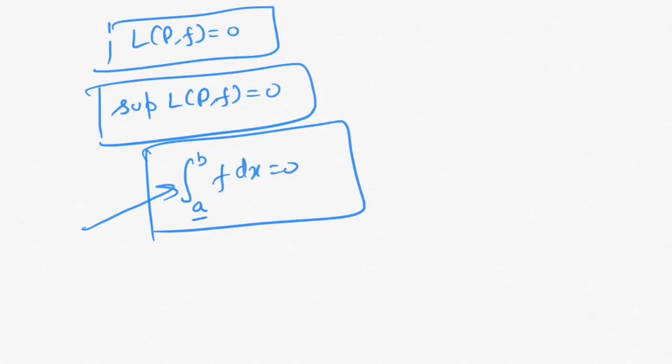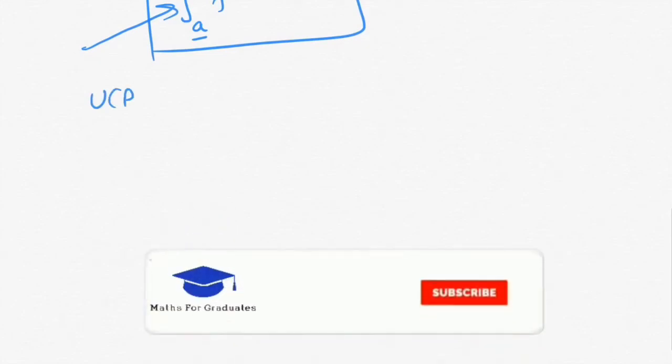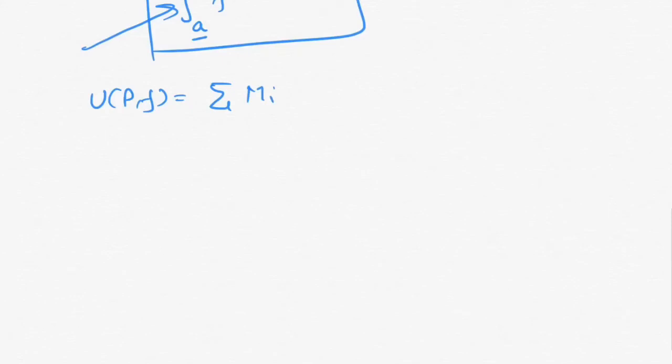Now let's find the upper Riemann sum U(P,f). So U(P,f) equals the summation of capital M_i delta x_i, where i runs from 1 to n. Here M_i is the supremum of f(x) in the ith subinterval.